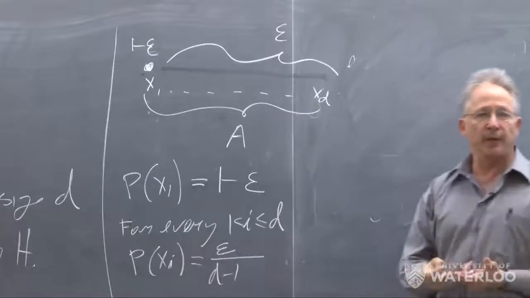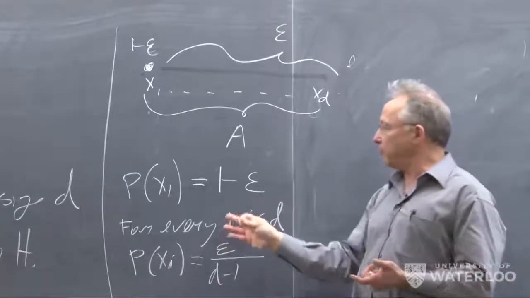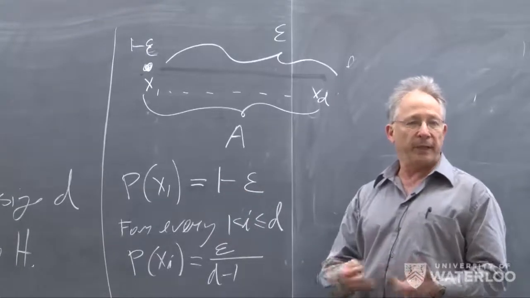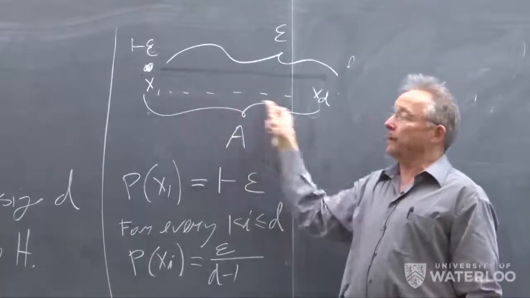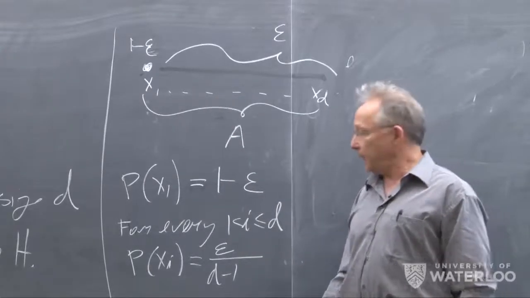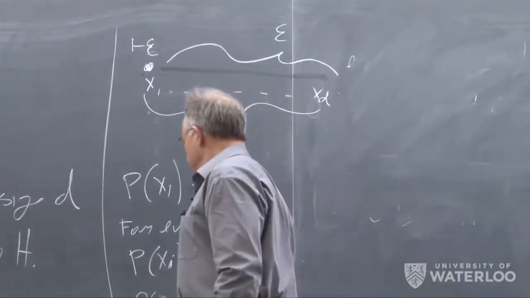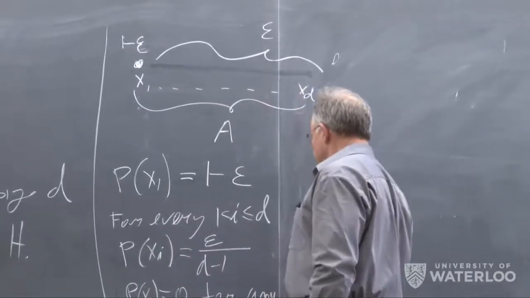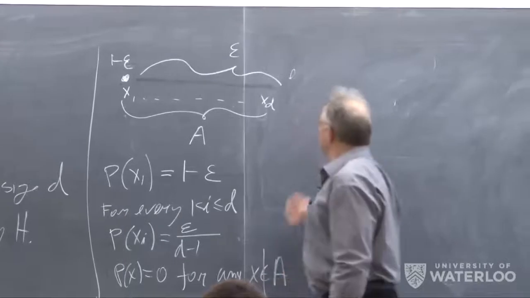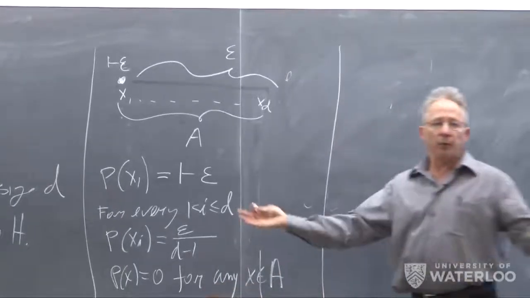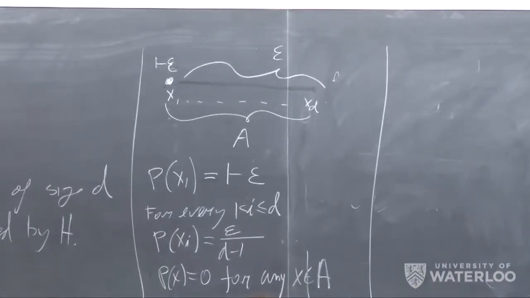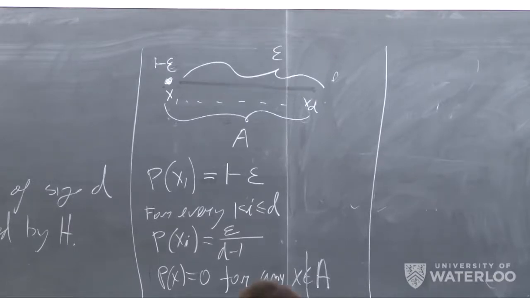I put most of my weight on the first point. I have an epsilon weight left to play with. I distribute it evenly among the other points. And P of x equals 0 for any x outside my shattered set. So I have some domain, I have a shattered set, I define a probability distribution that just sits on the shattered set, but is highly tilted towards one point.